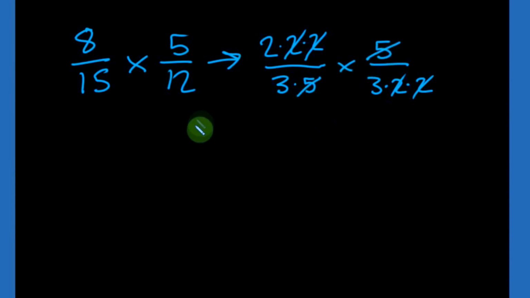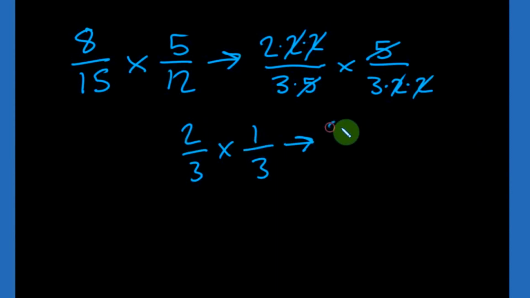This leaves us with 2 over 3 times 1 over 3, which turns into 2 times 1, which is 2, and 3 times 3, which is 9. So the answer to 8 over 15 times 5 over 12 is 2 over 9 in the simplest form.